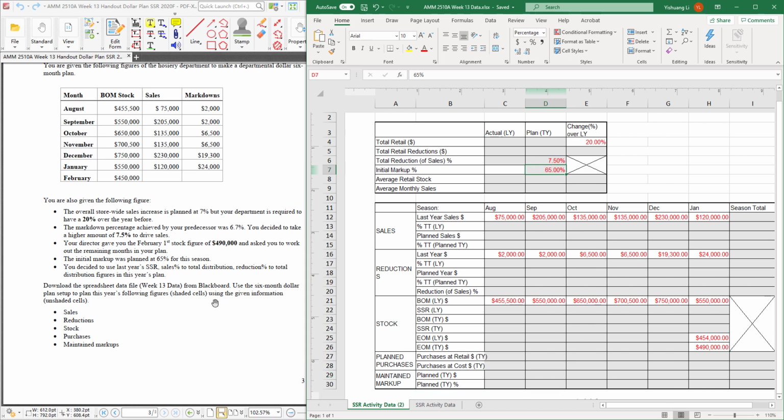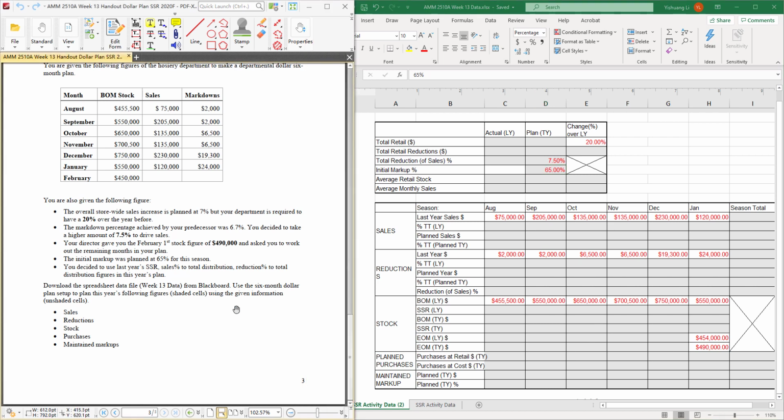Okay. Also we have additional information. It says February the 1st we have a stock level of $490,000.